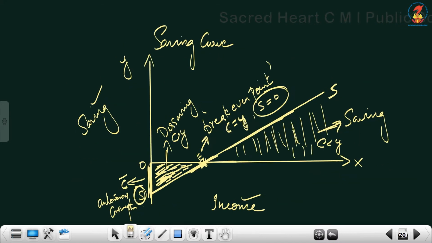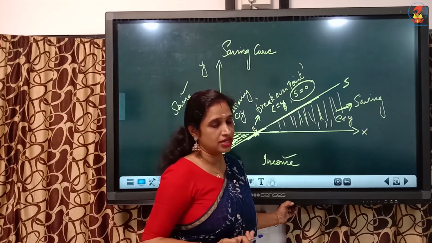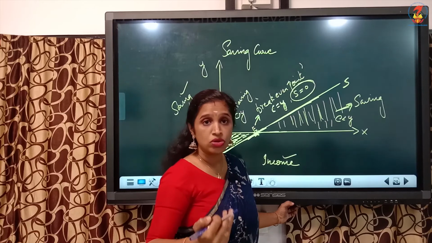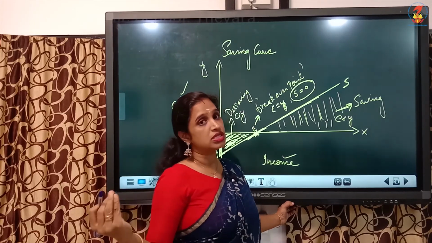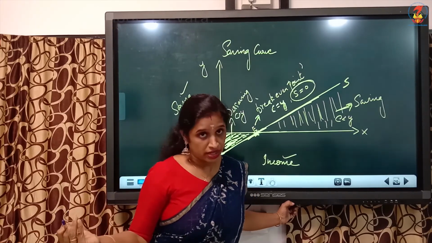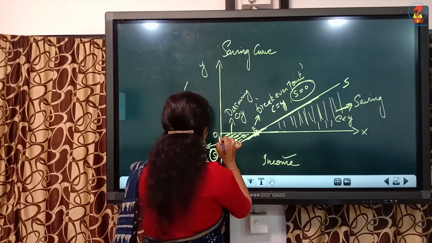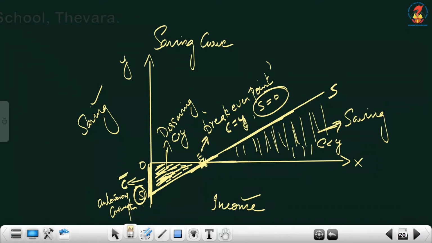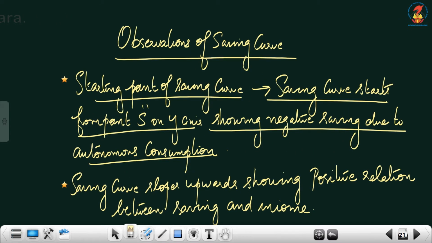The starting point of the saving curve is point S, representing dis-saving, because it is on the negative side. Dis-saving due to autonomous consumption, and we have marked that area of OS as C bar. Now we will move on to the next point.